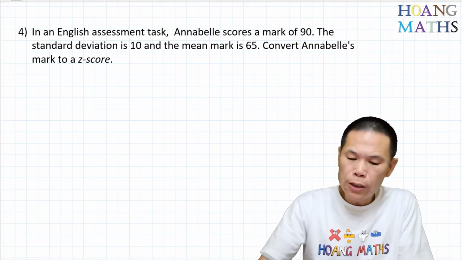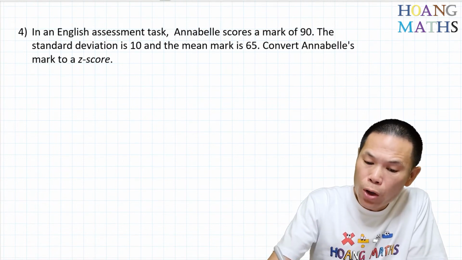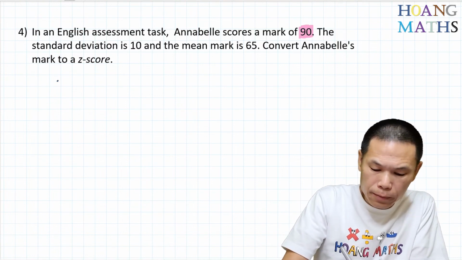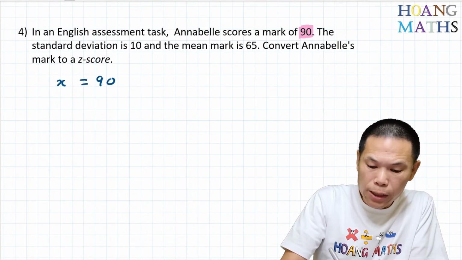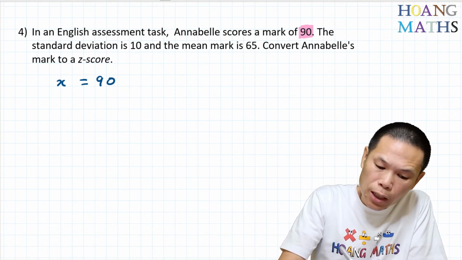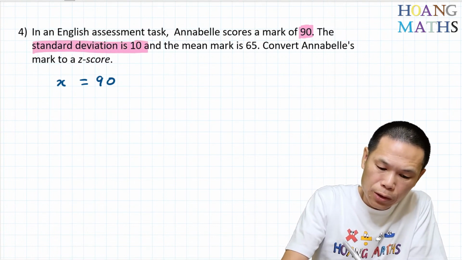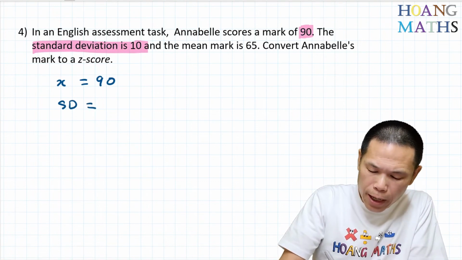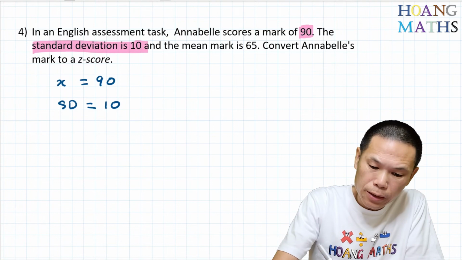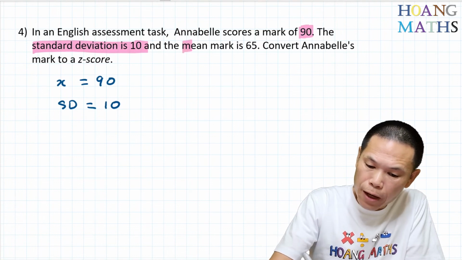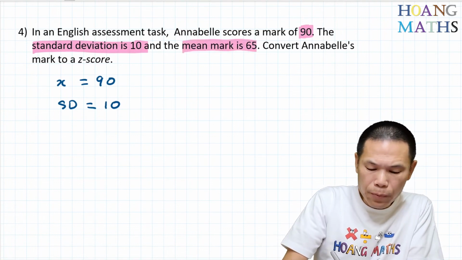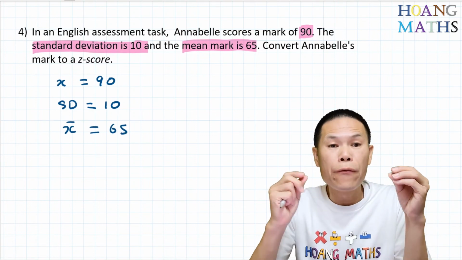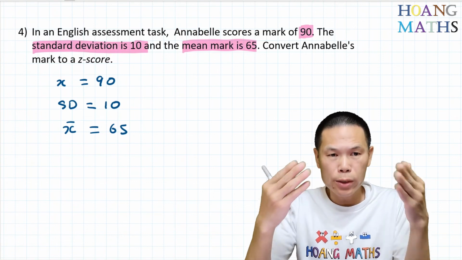Last one. First of all, we know Annabelle's score is 90, so X is 90. And the standard deviation, SD, or sigma if you like, is 10. And the mean is 65. So let me just write this down. The mean is 65, and we need to convert the raw mark into a Z-score.